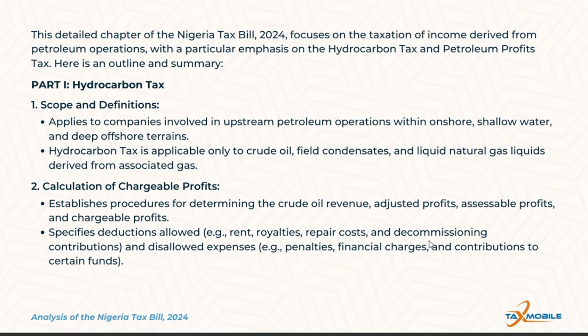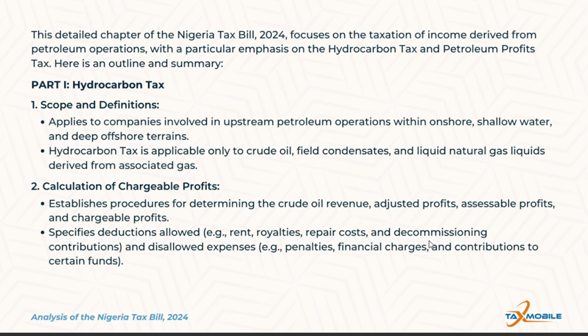Assessable profits. Adjusted profits are further refined by excluding disallowed expenses to get the assessable profit. Now, chargeable profit, the final taxable amount after applying any relief or exemptions. That is the chargeable profit.